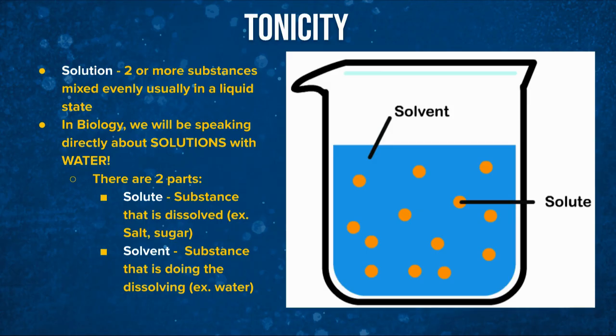So, pretty much when we dissolve things to the point we can no longer see them within a liquid. And in this class, our liquid will always be water. In chemistry, later on next year, you will learn that you can dissolve things in other substances. But for biology, the substance that we will always dissolve things in will be water.